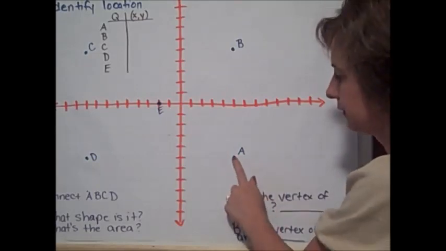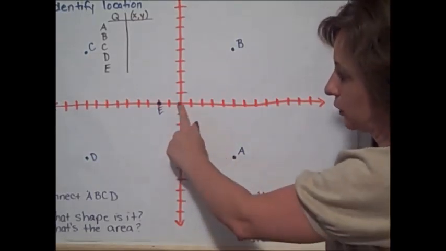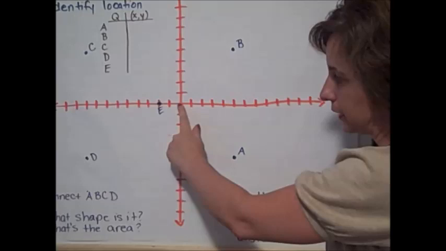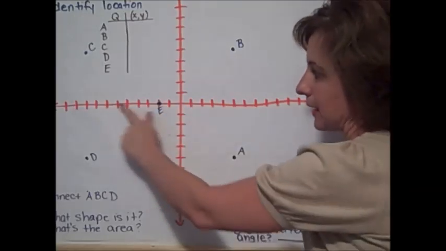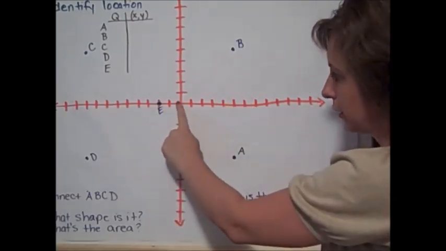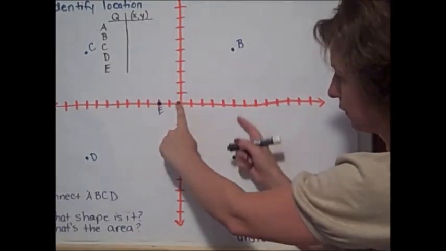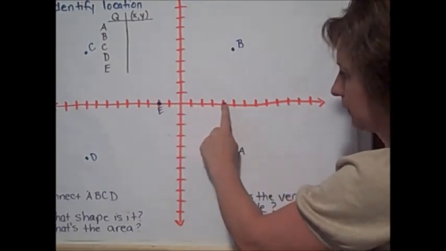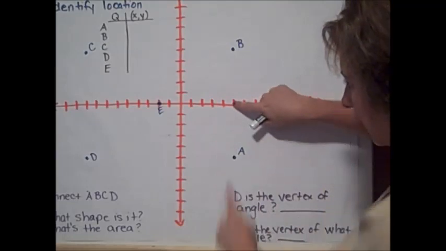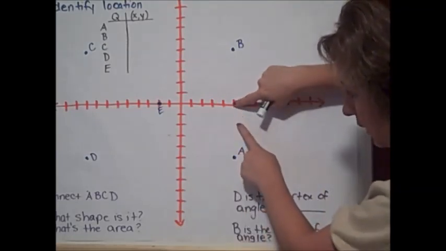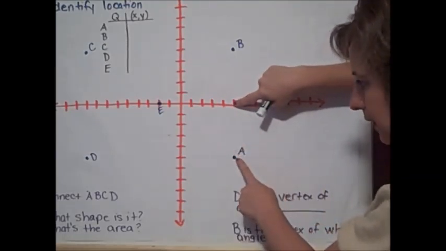Where is A? If I start at my origin, 0, 0, and I go the x first, I want to go to the A, so I'm going to go over to 1, 2, 3, 4, 5, and then go down to 1, 2, 3, 4, 5.